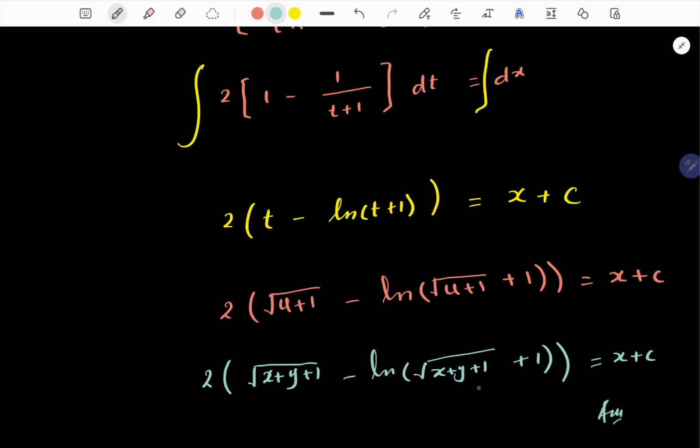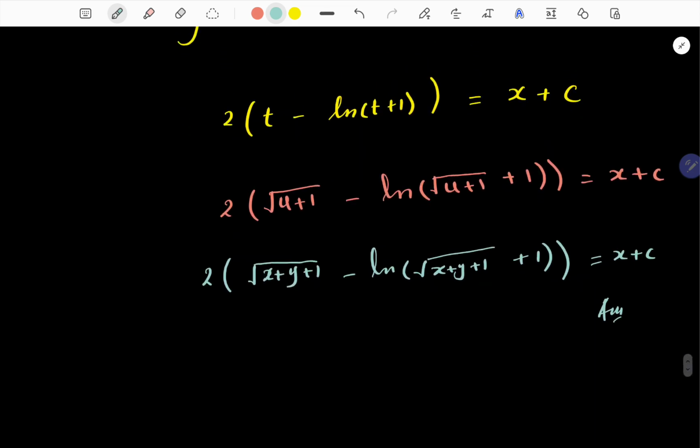As this is very complex and implicit, x and y cannot be separated, therefore this is what the answer is.